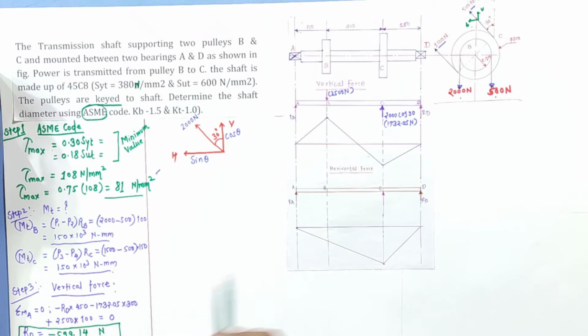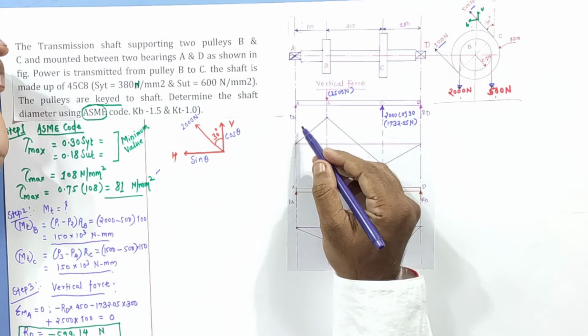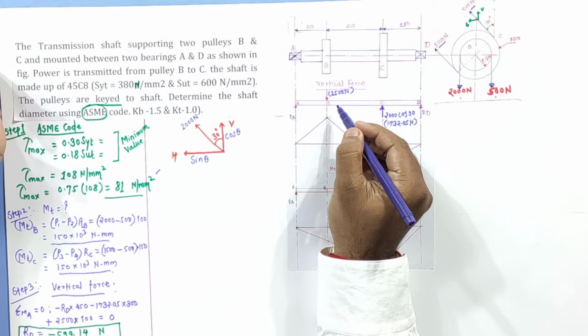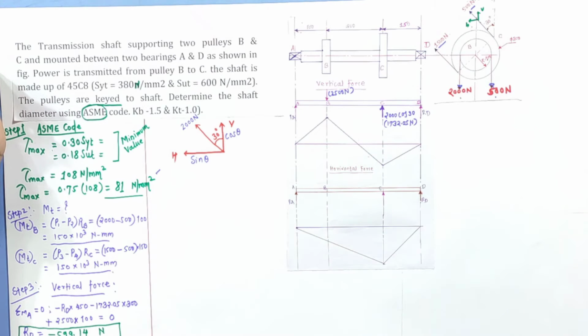Once we get RD, I can calculate RA also. How? RA plus RD, equal and opposite force we need to consider, that is 2500 minus 1732.05. So this will be RA plus RD. RD is known, so we'll get the reaction at A. Just calculate the reaction at A, that is 1367.09 Newton.